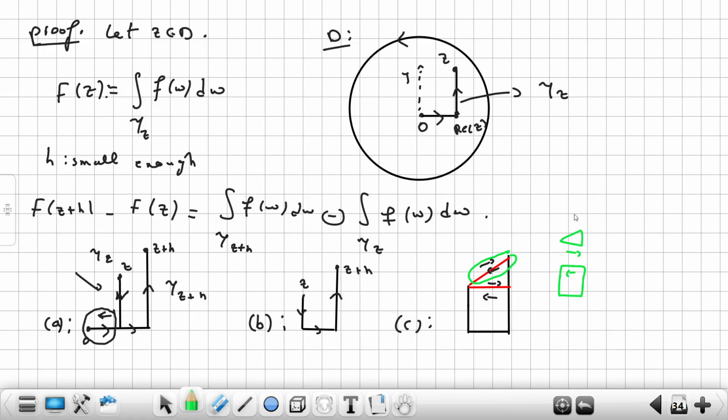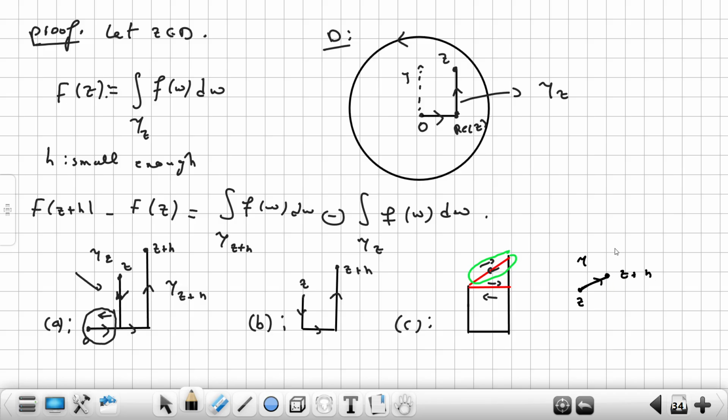So this keeps only the one segment here. Finally, we are integrating over this segment from z to z plus h.